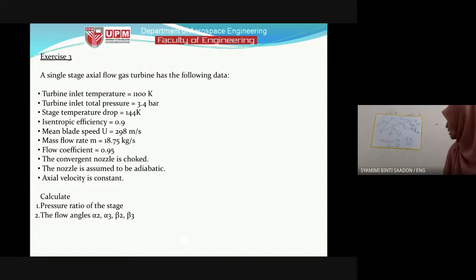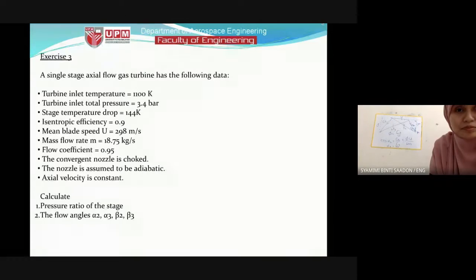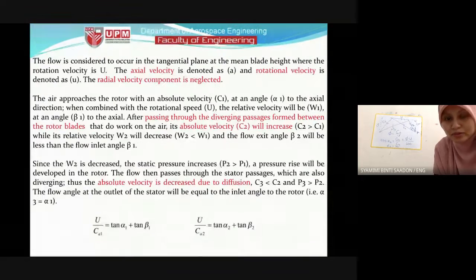Next, we proceed with beta. Beta is here. We can use this one.